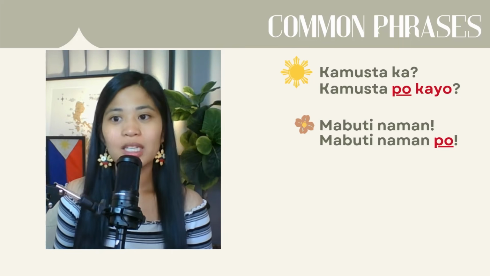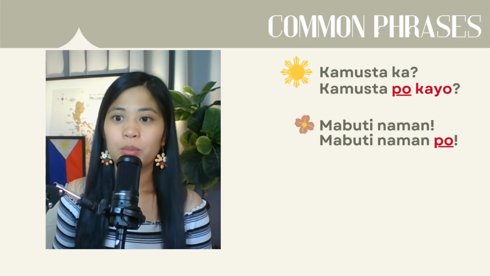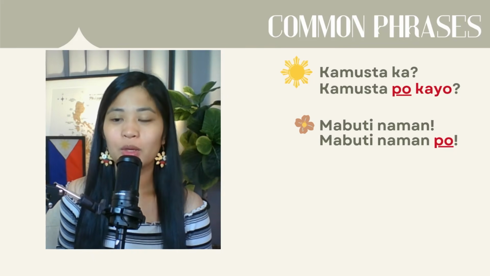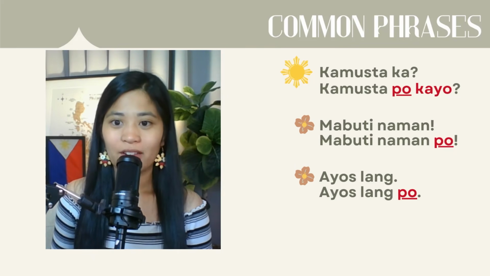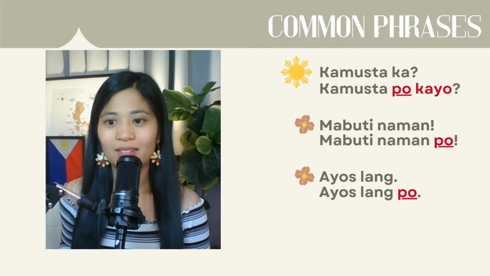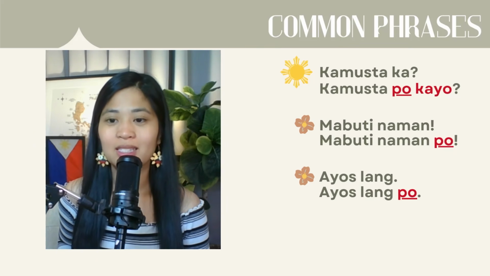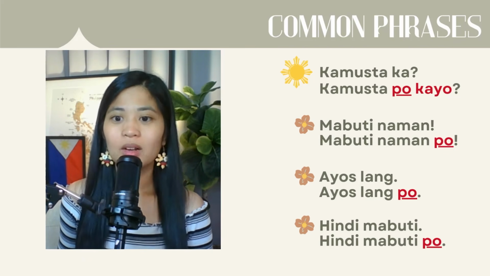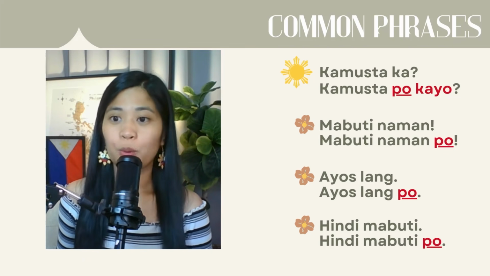Next, mabuti naman becomes mabuti naman po. So that's just a set phrase. It would go at the end of that. Very similar, ayos lang becomes ayos lang po. Again, it just goes at the end because it's a set phrase. And then lastly, hindi mabuti becomes hindi mabuti po.